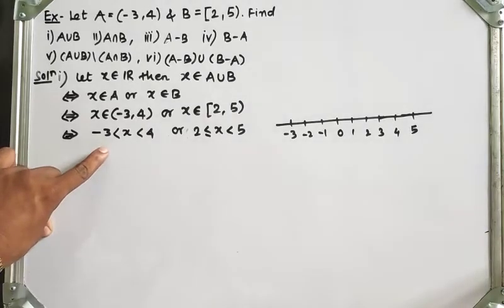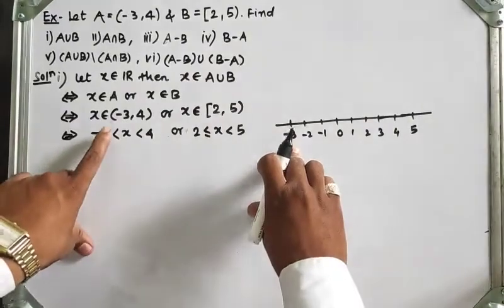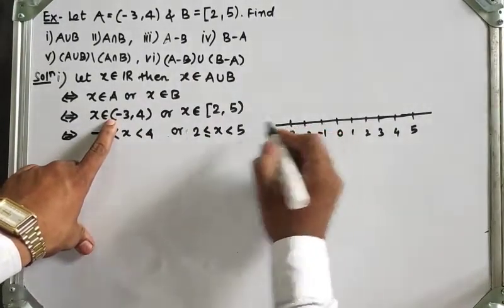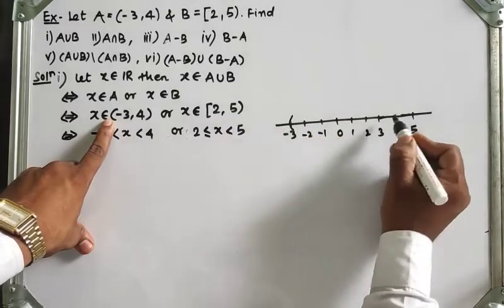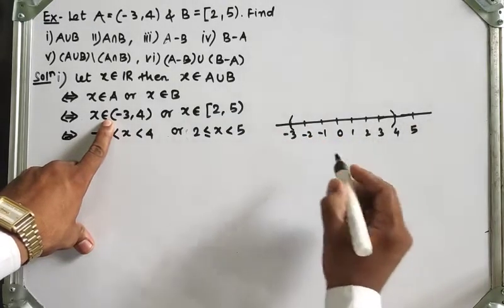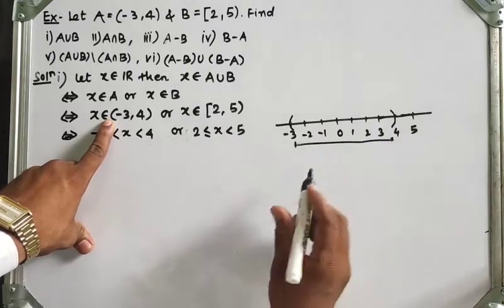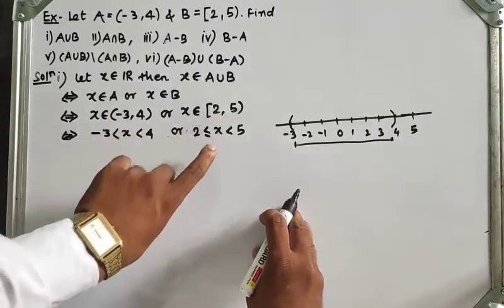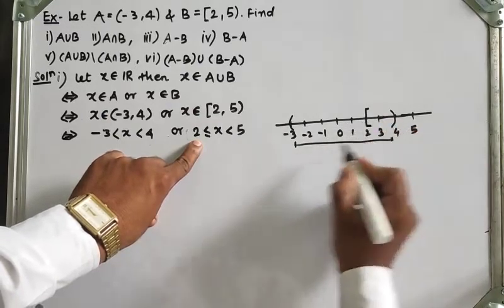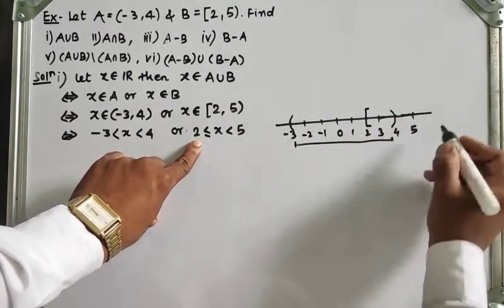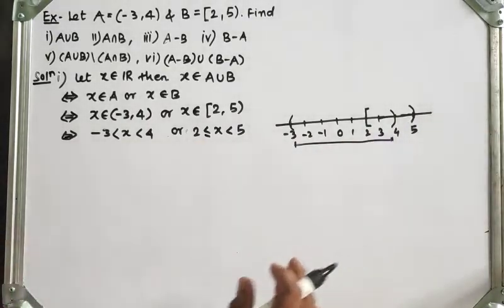The first interval here on the real line is -3 to 4, and here it is an open interval, so we get the open interval -3 to 4. And the second, x belongs to the closed interval 2 to 5. So this is the closed interval, and at 5 it is open.